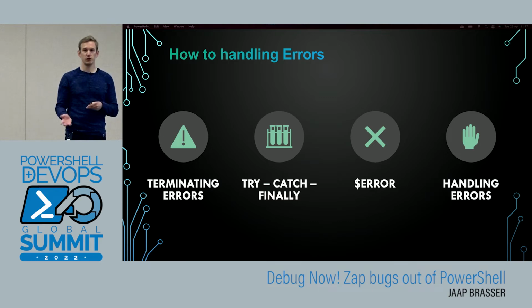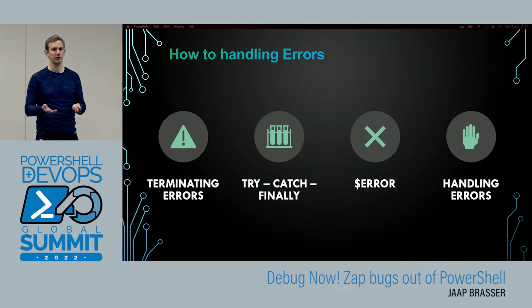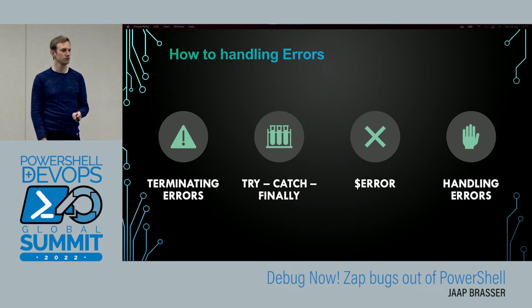The way you can force any error to be terminating is if you have an advanced function or a cmdlet, then you can specify the error action, and you have a number of options there, and we'll go over that in a bit. But in general, you can specify either to continue or to stop based on an error.